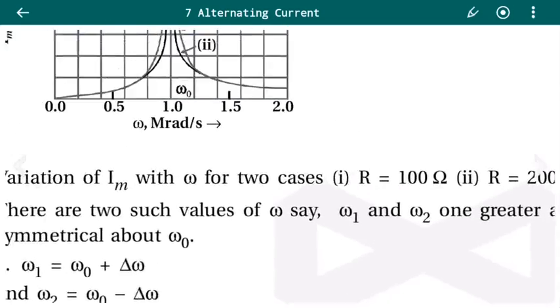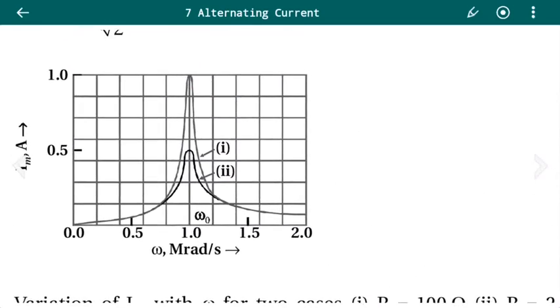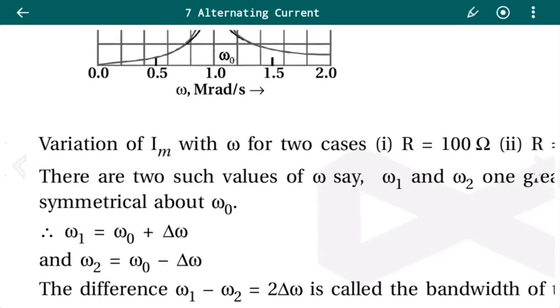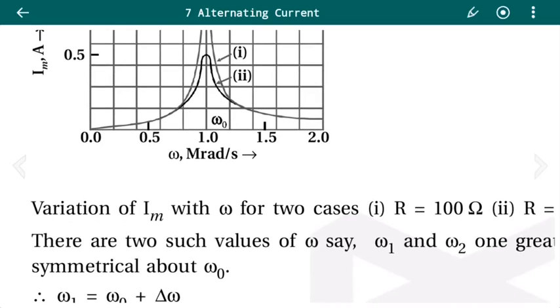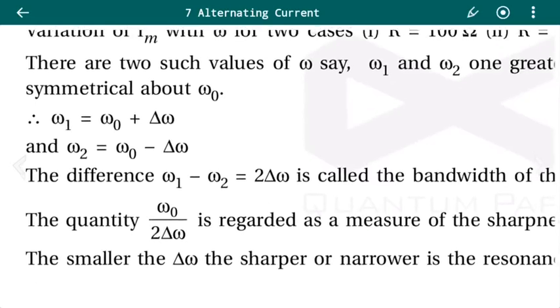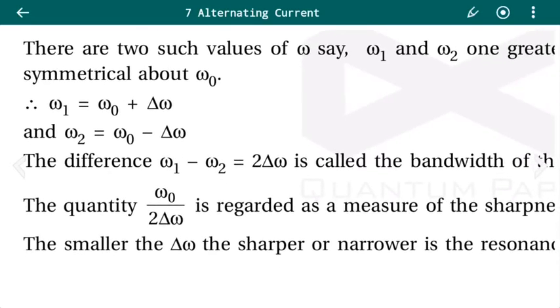So from this we can write omega 1 equals omega 0 plus delta omega, and omega 2 equals omega 0 minus delta omega.